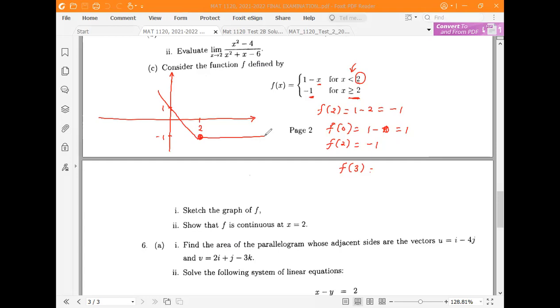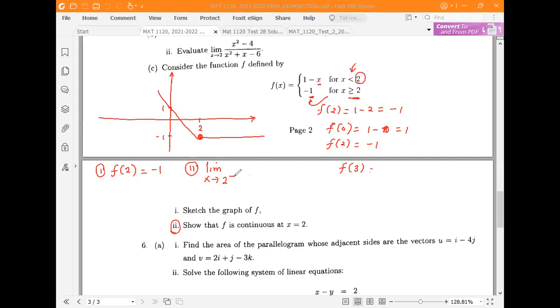Then the question continues to say, show that f is continuous. So you say, okay, to show that it's continuous, we first need to know the value of f of 2. But f of 2 is given in the question here. It's -1. Then we now need to know the limit as x approaches 2 from left. We have said left because this is a piecewise function, and it has 2 directions around 2. It has less and greater.